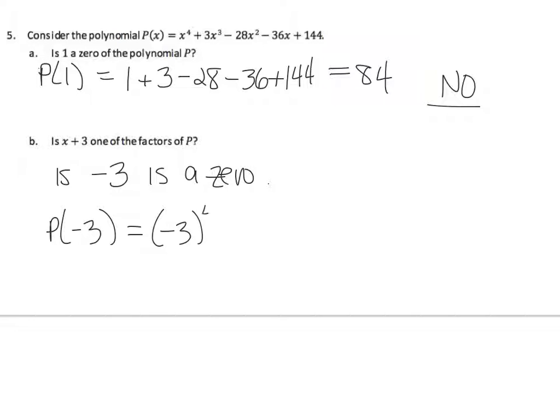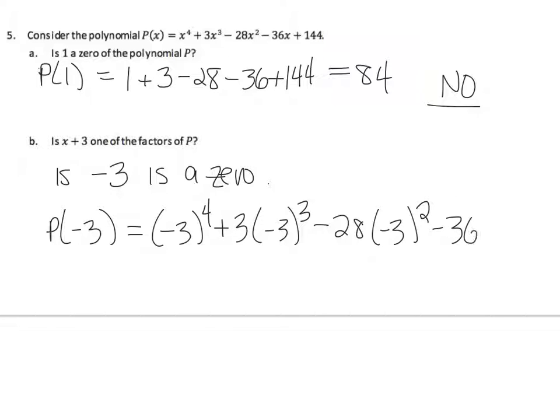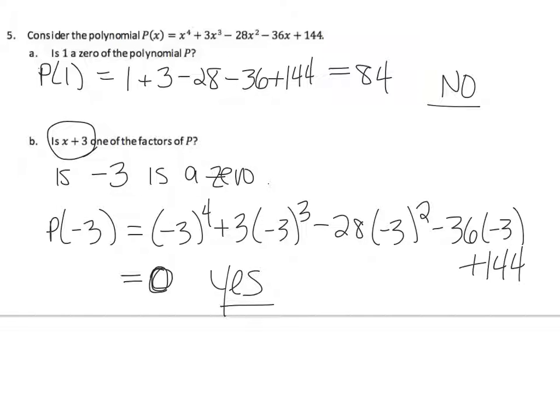Negative 3 to the 4th power plus 3 times negative 3 to the 3rd power minus 28 times negative 3 squared minus 36 times negative 3 plus 144. Okay, plug that into your calculator or do some mental math, and we see that we get 0 as an answer. So yes, x plus 3 is one of the factors of p.